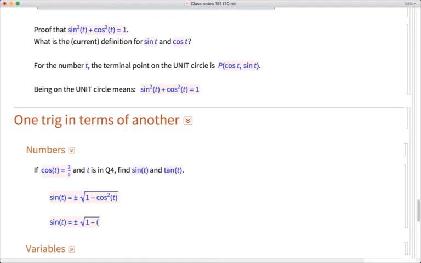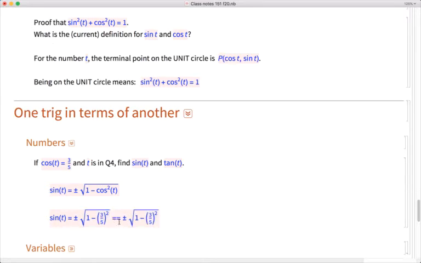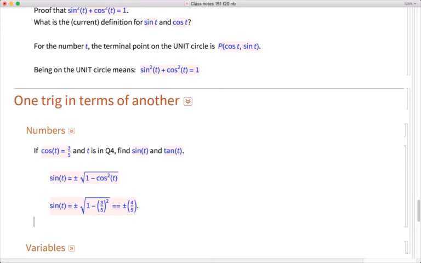So sine of t will be equal to plus or minus the square root of 1 minus, for the specific example that we're looking at, 3/5 squared. Maybe I should do this in more steps. This is going to be a familiar 3, 4, 5 triangle, so that should be 4/5 there.